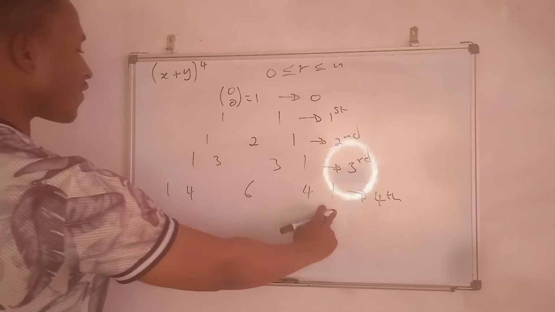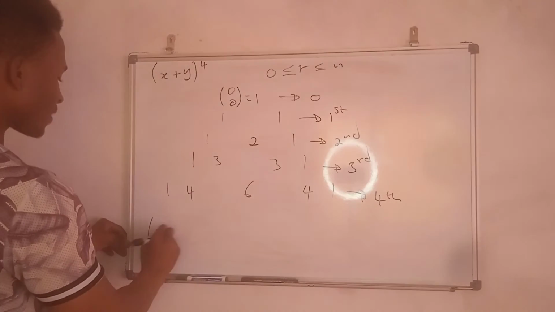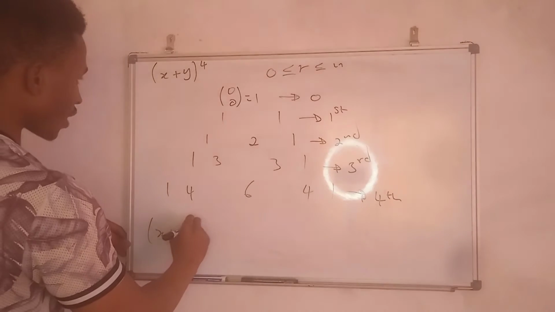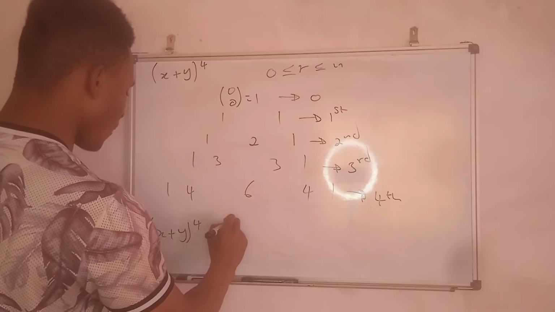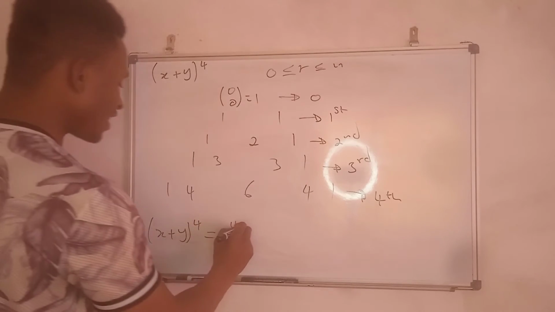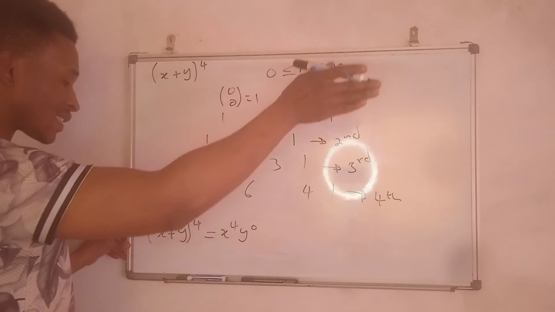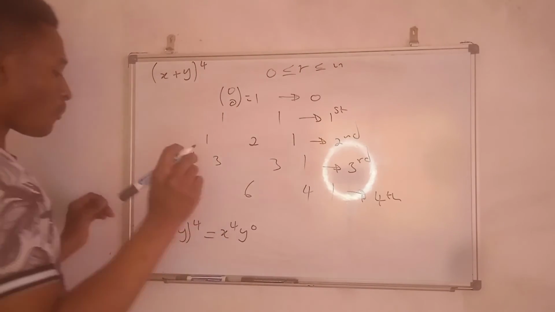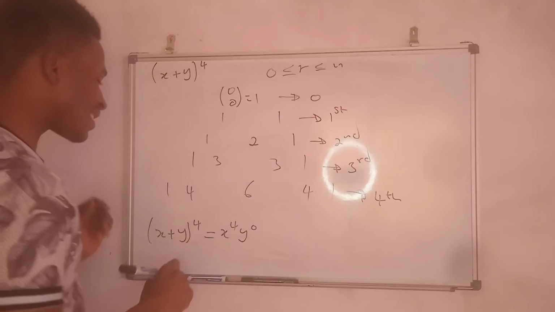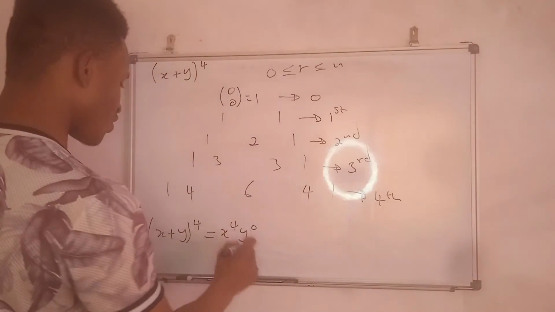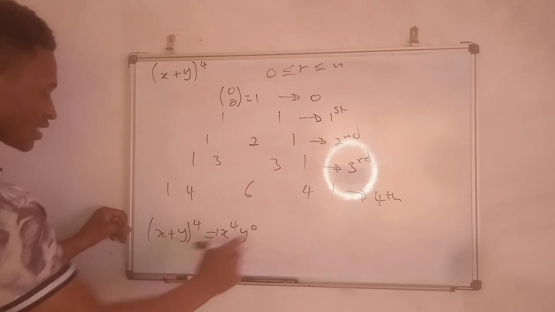So these are the coefficients of x and y. So x plus y to the power 4 equals x to the power 4. Remember guys, 1 is the one which starts from 0. As we are going to the right, the power of x is decreasing by 1, but the power of y is increasing by 1. What is the coefficient? The coefficient is 1 times this thing.